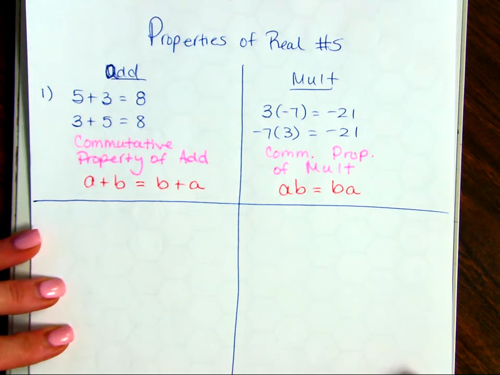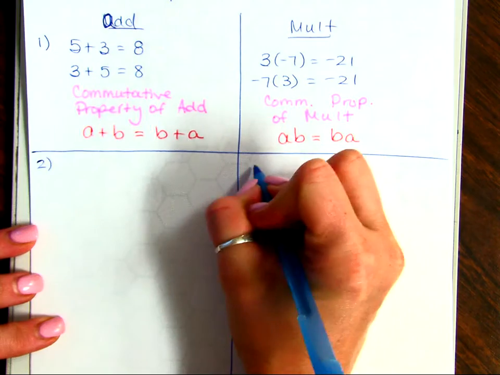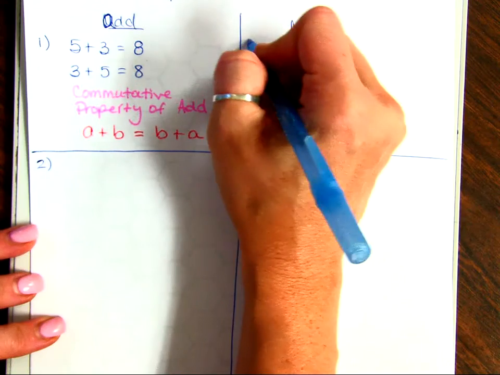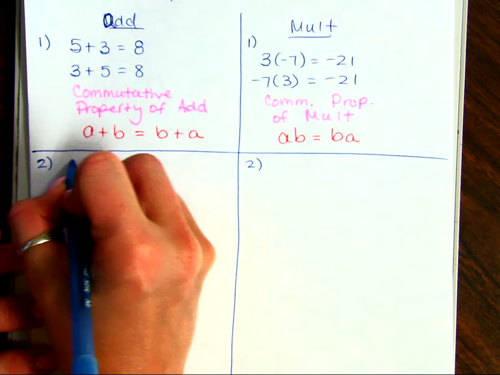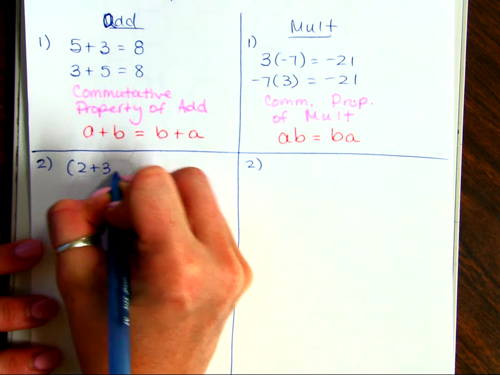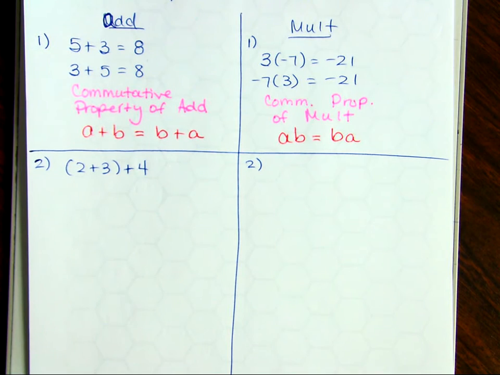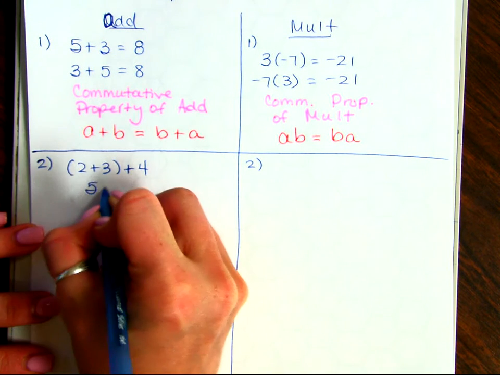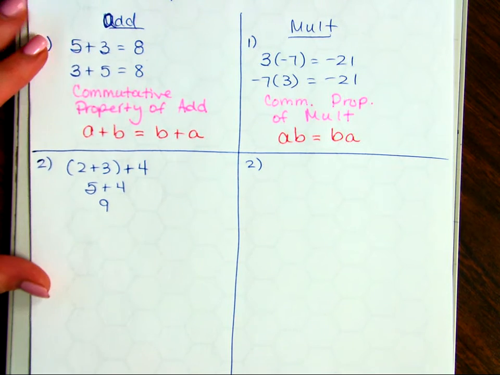So those are 2 of the 9 properties we're going to learn today. The next 2 properties, okay, we're going to kind of go corresponding here. And I think you know what this means. 2 plus 3 plus 4, okay? So you know by now, order of operations says that you have to do what's in the parentheses first. So if I do what's in the parentheses first, I get 5 plus 4, and I get an answer of 9, okay?